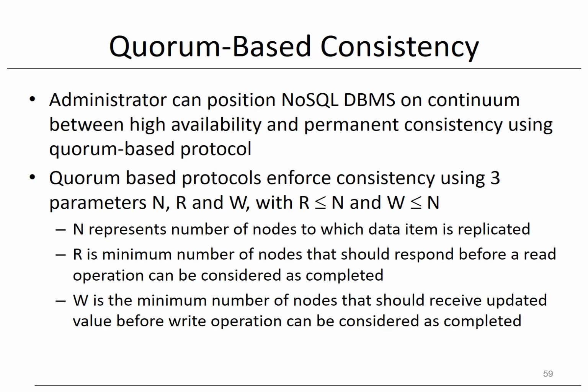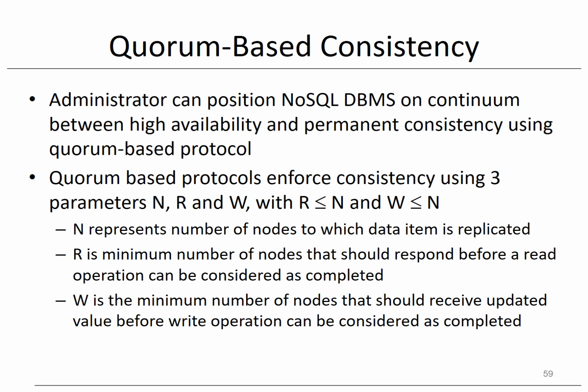Many NoSQL database systems provide the administrator with the means to position the system on a continuum between high availability and permanent consistency. This position can be configured by manipulating the parameters in a quorum-based protocol. Quorum-based protocols essentially enforce consistency between replicas of the same data item using three configurable parameters, n, r, and w, with r less than or equal to n and w less than or equal to n.